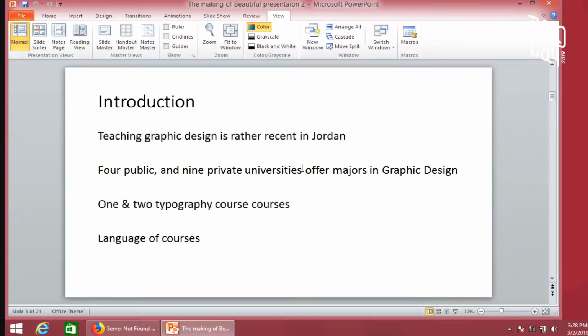So usually we have about 12 universities teaching typography in their graphic design courses. 4 of them are public universities and 9 of them are private universities.